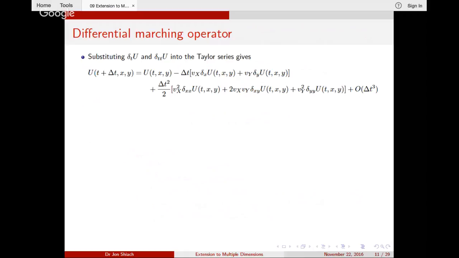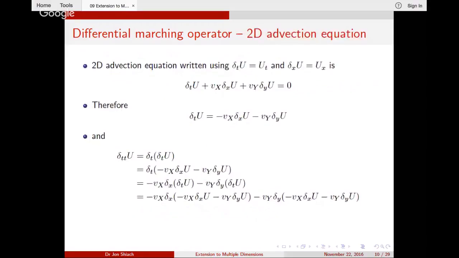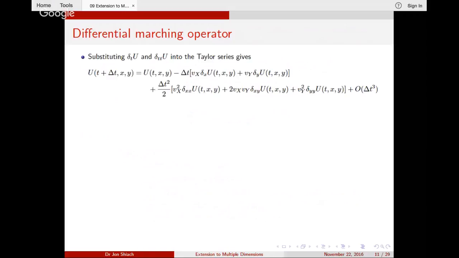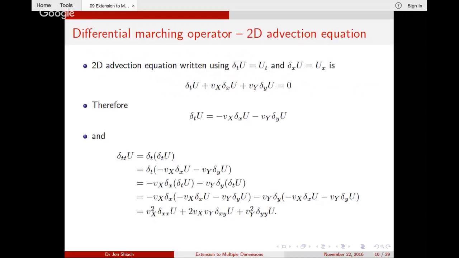There's our u. The reason it's minus delta t, just going back a slide, is because there's a minus there and a minus there, so just take that out.